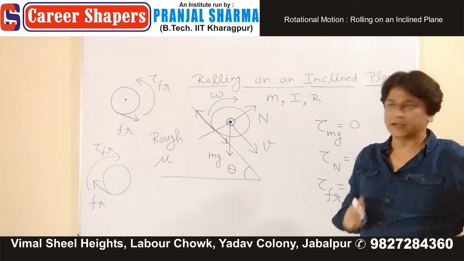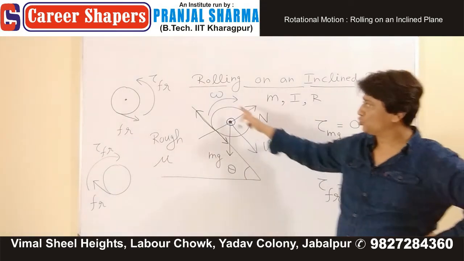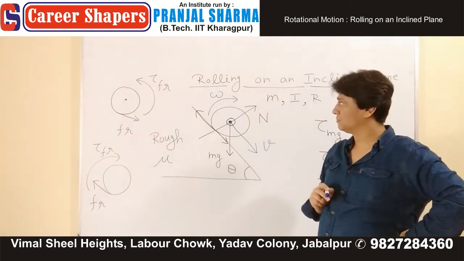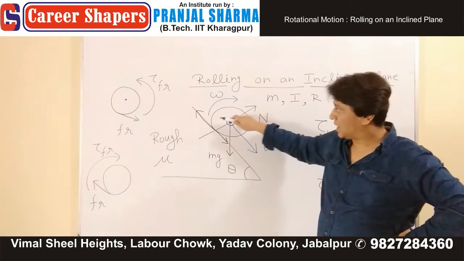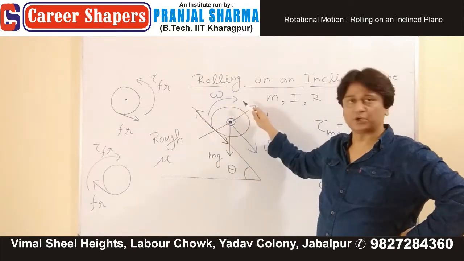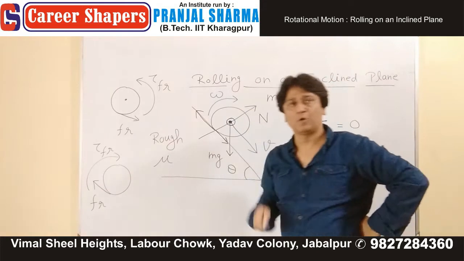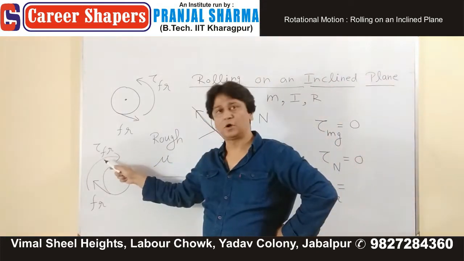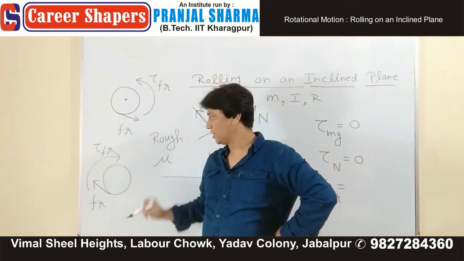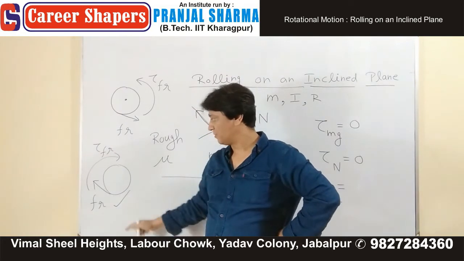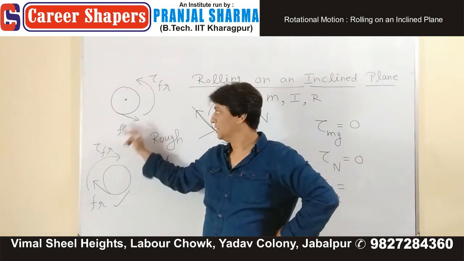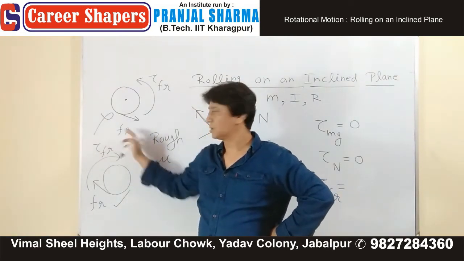That's what rolling is. Translatory motion and rotational motion. To start clockwise rotation, we need to have clockwise torque, and therefore direction of friction is up, is not down.